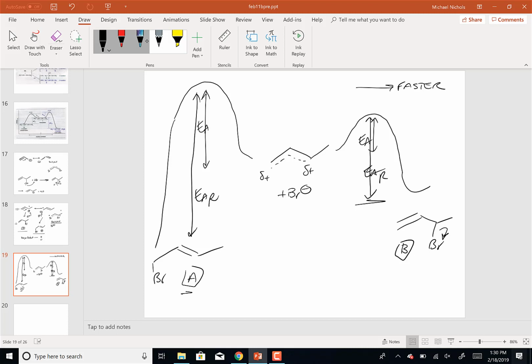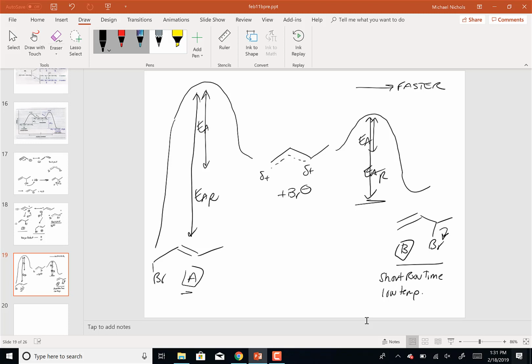So at some point in time, I'm going to have more A than B. Now I'm always going to have a little bit of B, and I'm always going to have a little bit of A. But if I use low temperature, low energy, short reaction times, I'm going to favor that product. I'm going to favor product B.